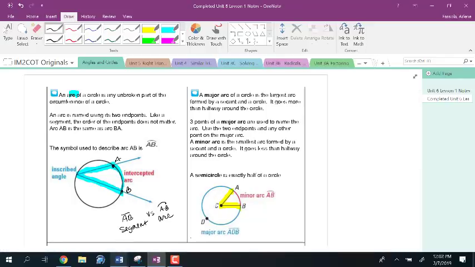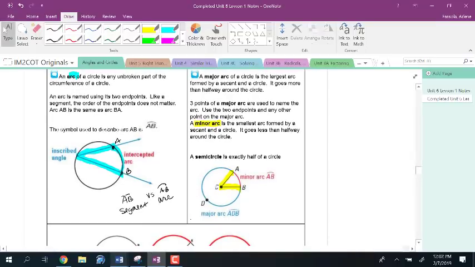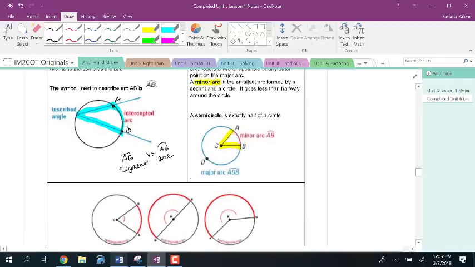And then depending on the size of the arc, we're going to go ahead and classify those. So if we kind of think back to our triangle unit, we talked about the three types of triangles, acute, right, and obtuse. We can talk about different types of arcs. We have a minor arc, which could be thought of like as an acute angle. It's something that is less than 180 but greater than 0.